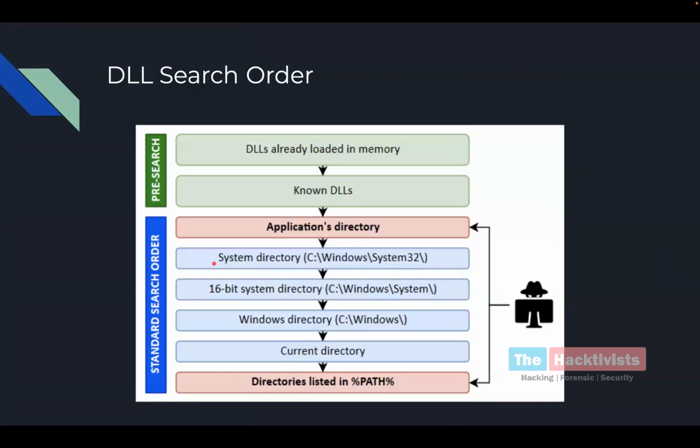For example, if it has found it in the first place itself, it will load it and will not think of the rest of the places. If it has not found it in the first directory, it will go to the second directory, and if it finds it there, it will load it without checking the rest. The same goes for the third and fourth places.